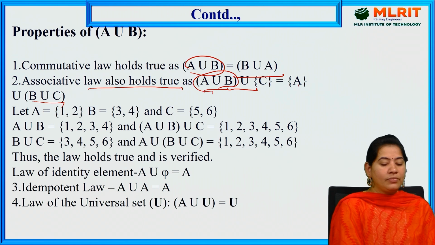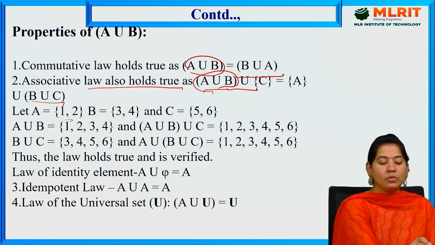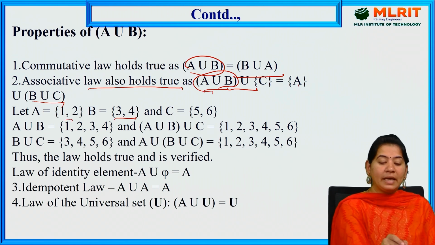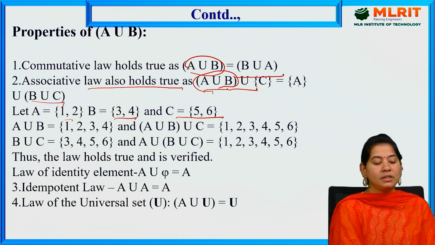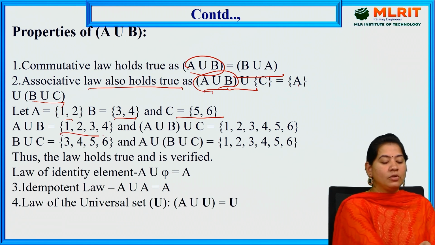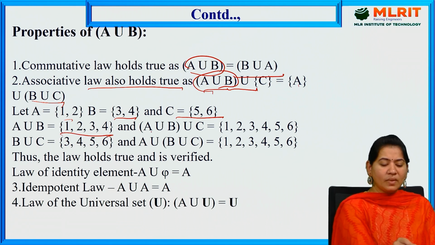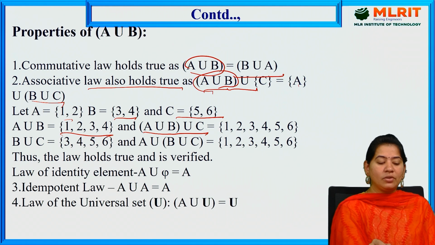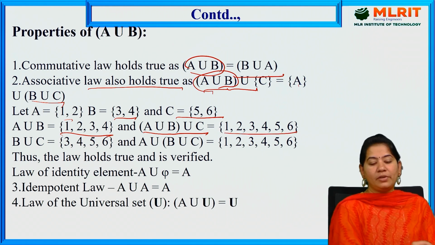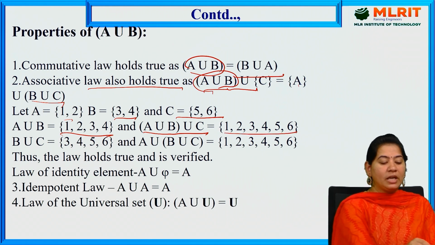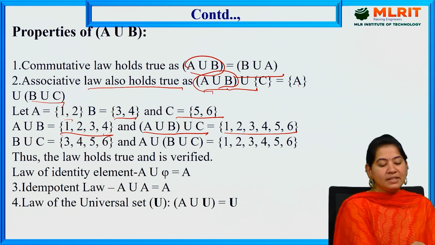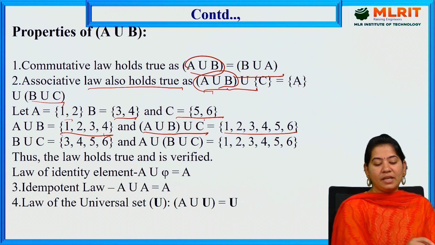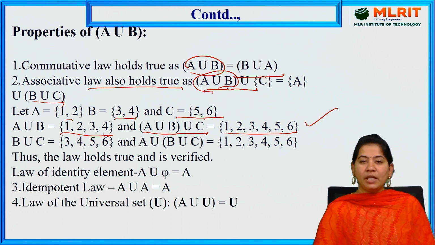Now for example, let A is equal to 1, 2, B is equal to 3, 4 and C is equal to 5, 6. So here A union B is equal to 1, 2, 3, 4, and A union B union C is equal to 1, 2, 3, 4, 5, 6. Means first you apply A union B, and the result will be applied union with C.